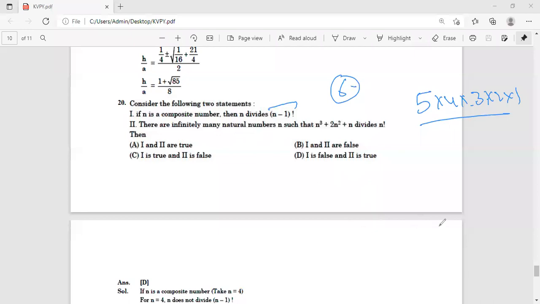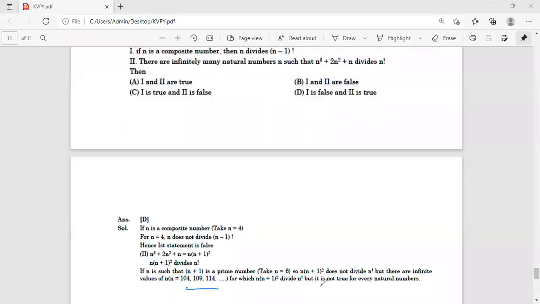Yes, it is possible. Some examples I have written, it is possible: 104, 109, 114. But it is not true always. So option D is correct. 1 is false, 2 is true.